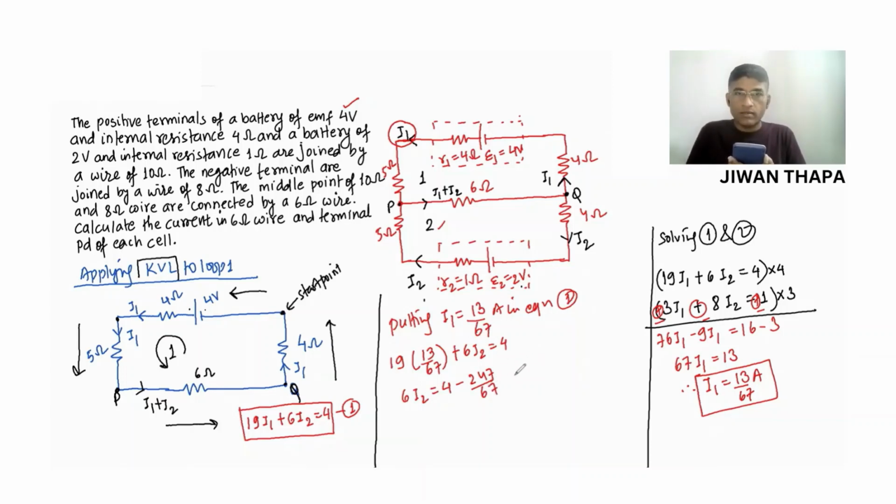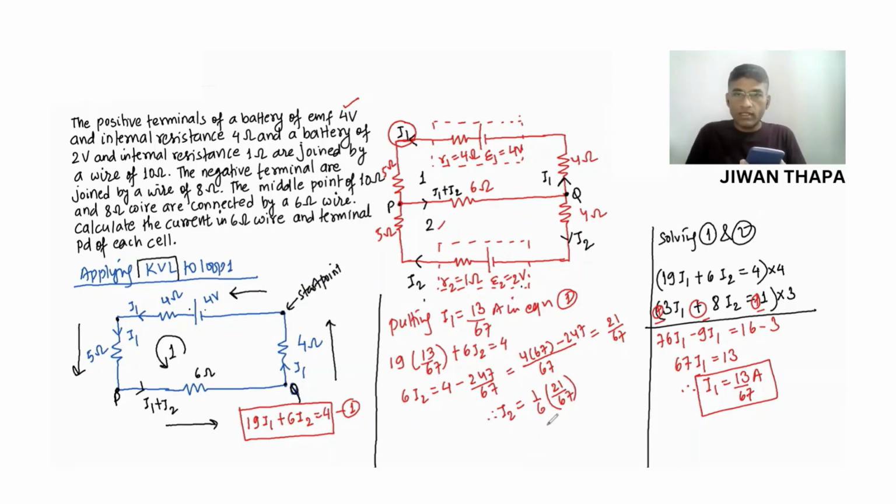So we get this. Four times 67 minus 247. So let's find this. So we get 21 by 67. Therefore, I2 equals 1 by 6 times 21 by 67.